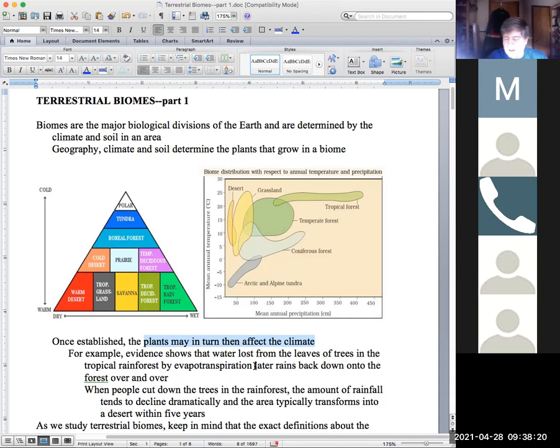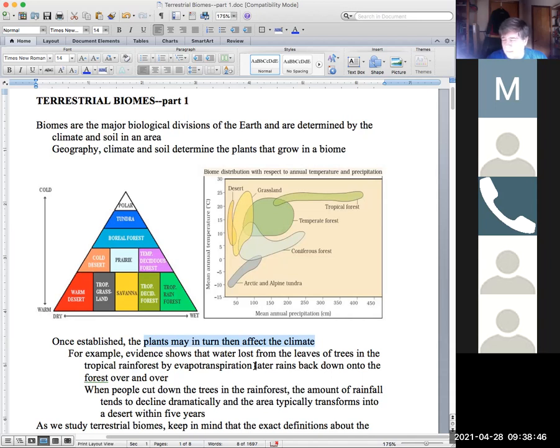So a lot of the water that evaporates out of the leaves gets trapped underneath this roof of trees. As a result, the humidity in the rainforest is very high and decomposition is very fast, because when it's nice and humid, things like molds and other types of fungus tend to like that. They grow very quickly. So decomposition is very fast.